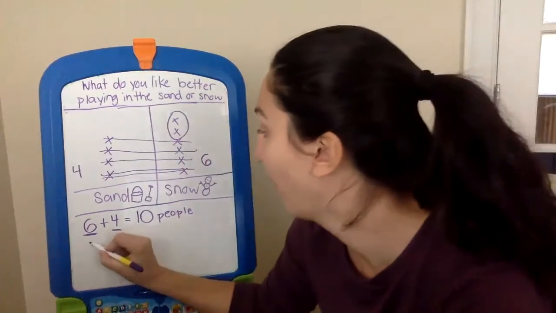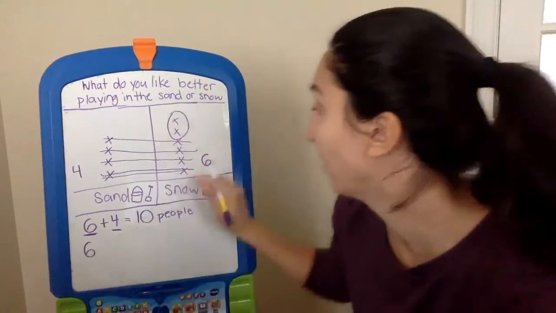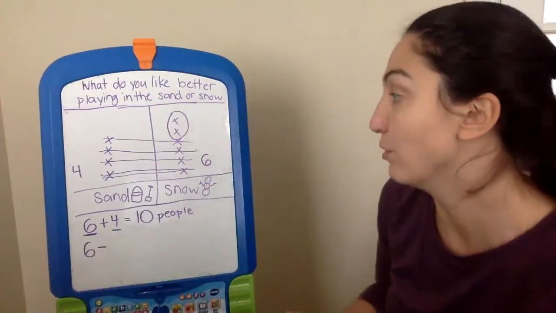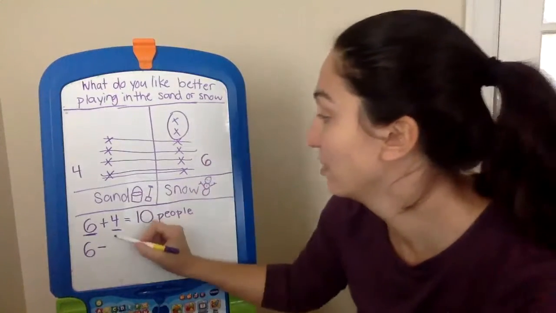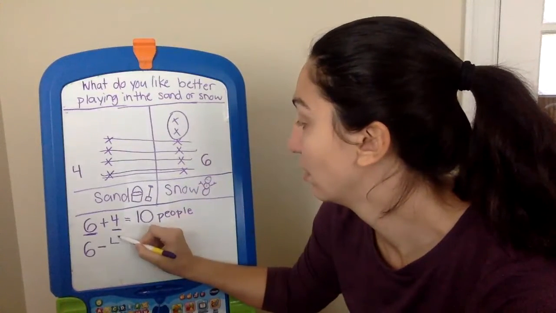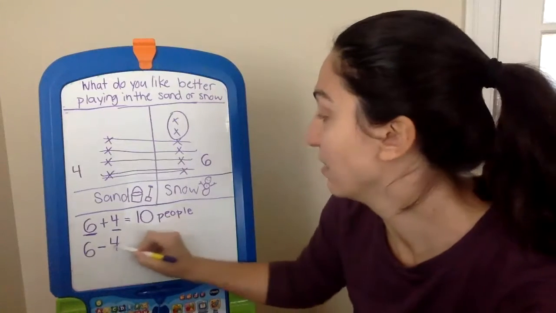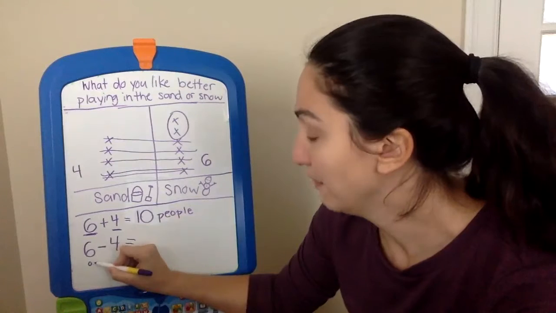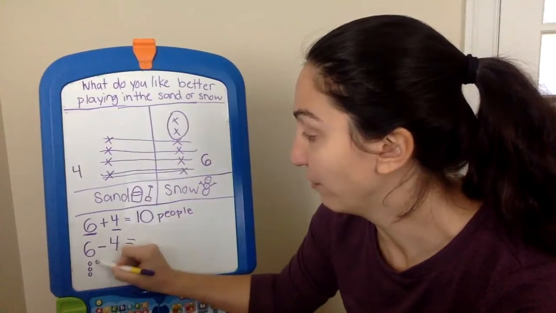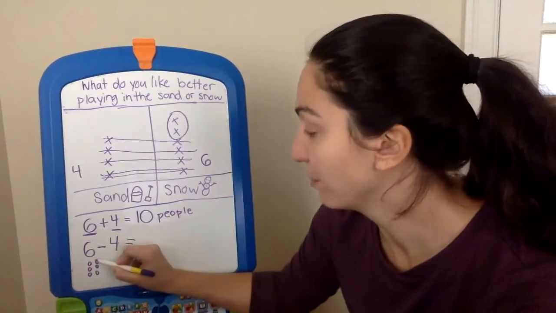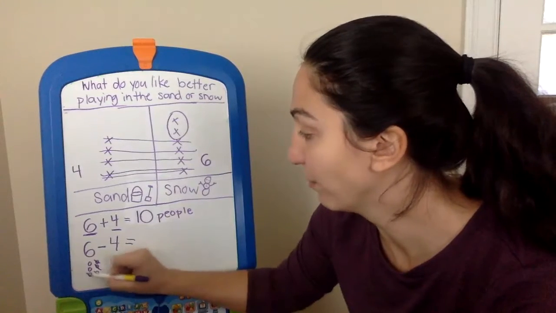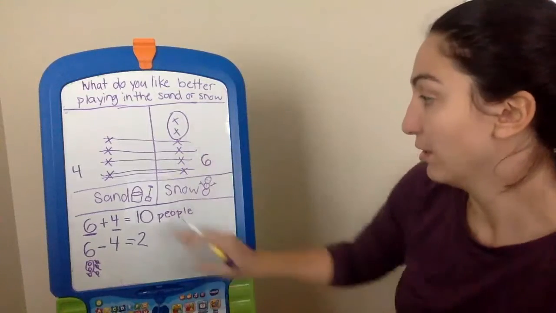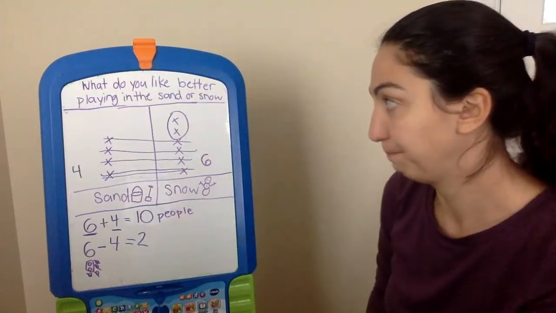Okay, so you should have thought of 6, which is my bigger number, minus, right, because I want to know how many fewer students chose sand than snow, minus 4, and that equals, draw my picture down here, 1, 2, 3, 4, 5, 6, take away 4, so I'm crossing out 4, 1, 2, 3, 4, and I'm left with 2. So 2 fewer people chose sand over snow.